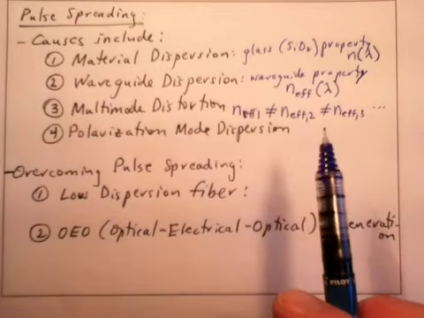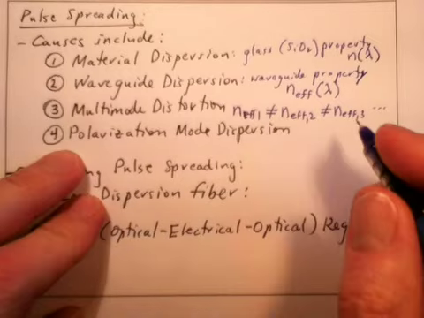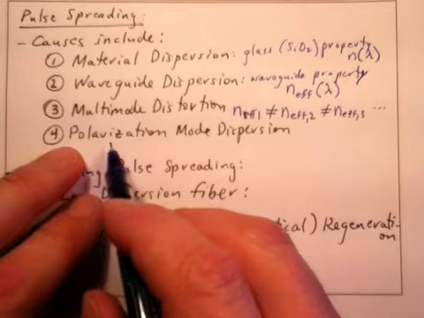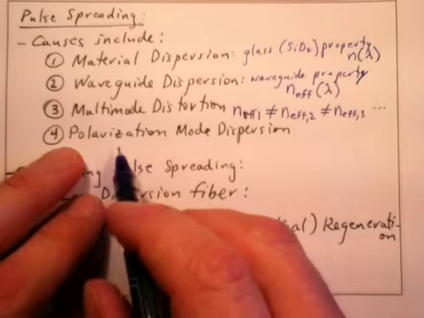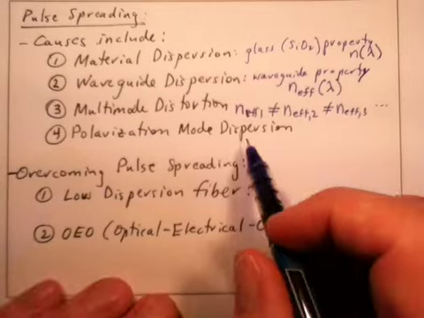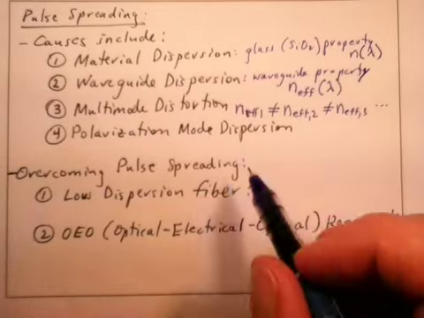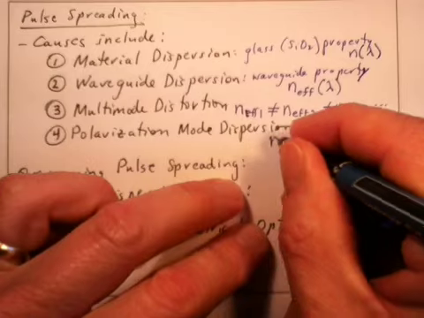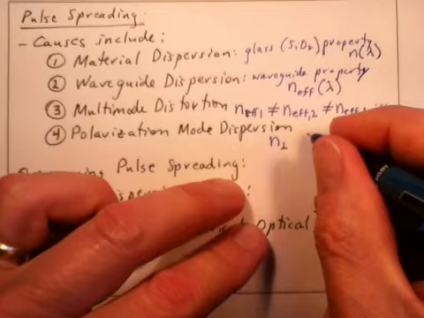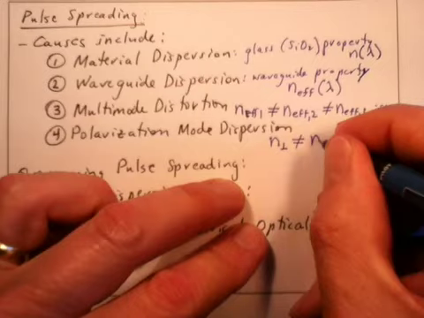Finally, there's a property called polarization mode dispersion. The light inside fibers is polarized, and this means that we have two different linearly polarized states, and they have different refractive index. So the index of the perpendicular component doesn't equal the index of the parallel component.